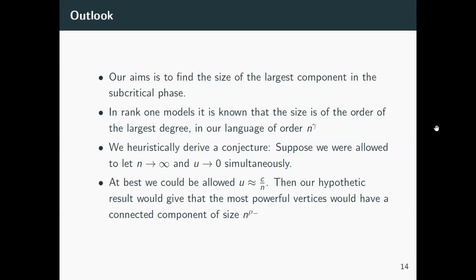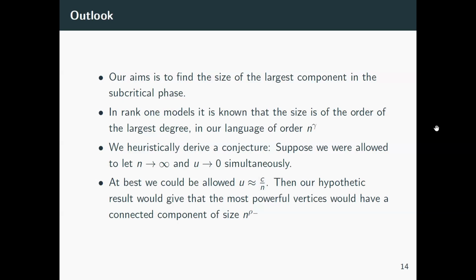So we have some heuristics for how the largest subcritical component would behave, which has something to do with what you just asked. Namely, if you allow me, which is not allowed in my theorem, I first have to send n to infinity and then u to 0. Otherwise, the proof won't work. But if you allow me for the moment to let n and u go to infinity and 0 respectively simultaneously, then it would be allowed to look at u something like c divided by n or 1 divided by n.